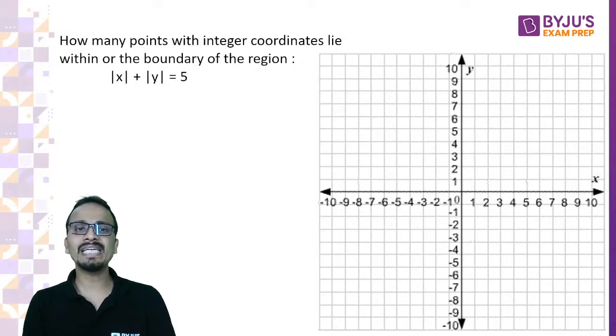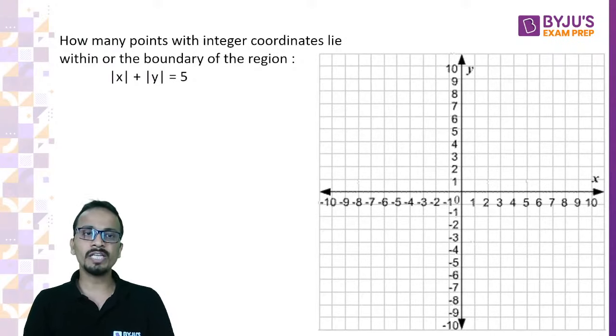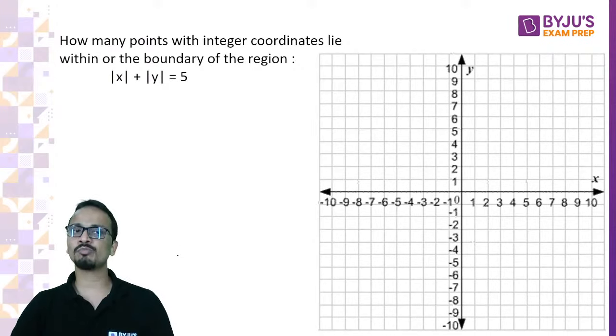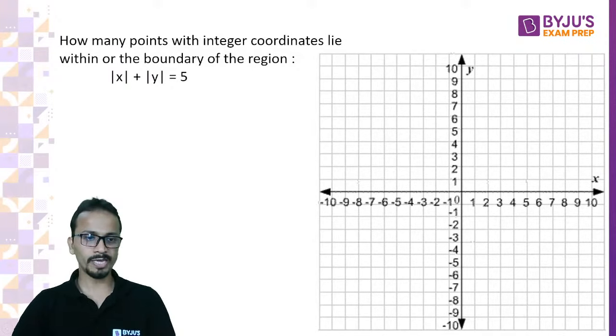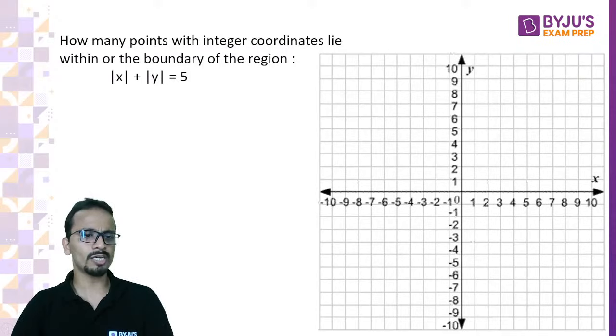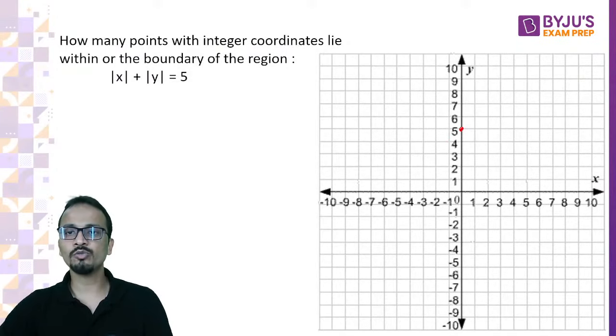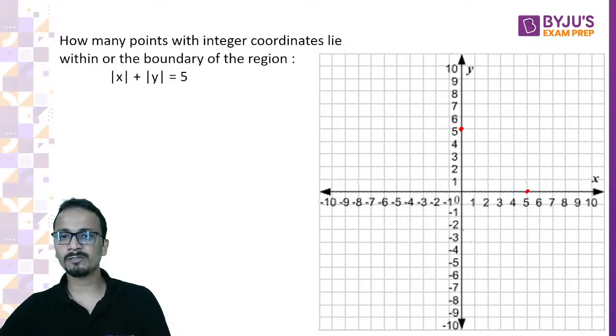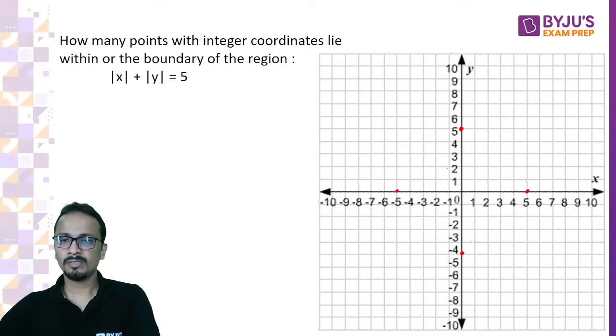How many points with integer coordinates lie within or on the boundary of the region mod x plus mod y equal to 5? First of all, let's plot mod x plus mod y equal to 5. We have already seen this a lot of times, so I'll quickly draw this graph.